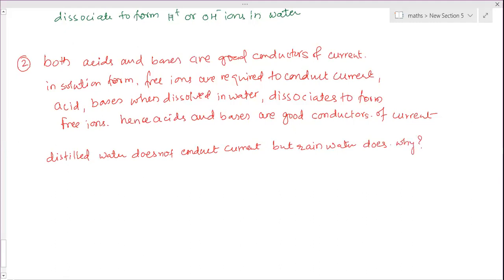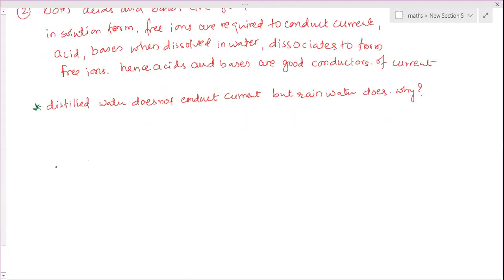Student: Ma'am, because they react with atmospheric oxides of sulfur and nitrogen, which converts them into acids, and acids are good conductors of electric current.